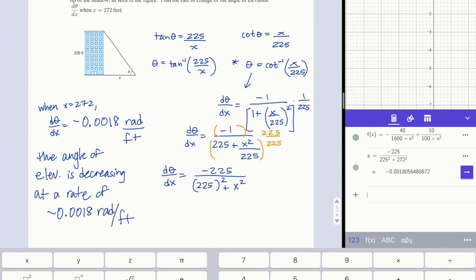Technically, since I already said decreasing, I don't want to say at a rate of negative, because the negative sign is encompassed by already saying that it's decreasing at that rate. So there we go.